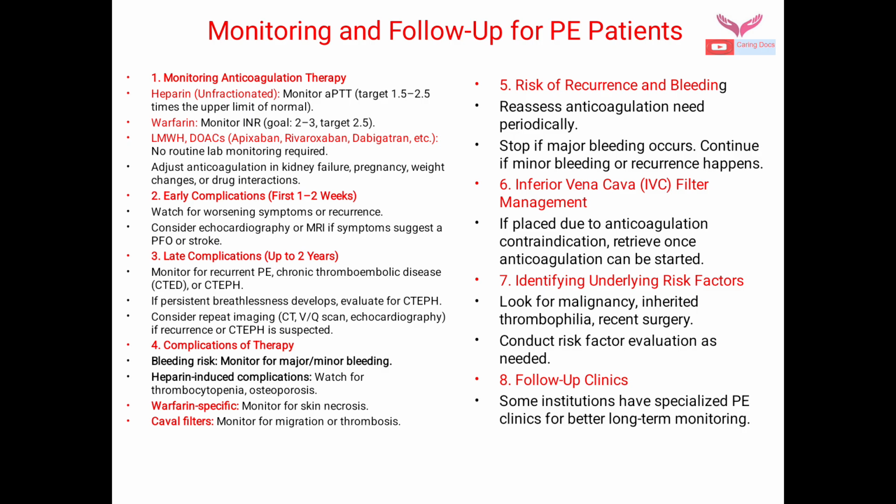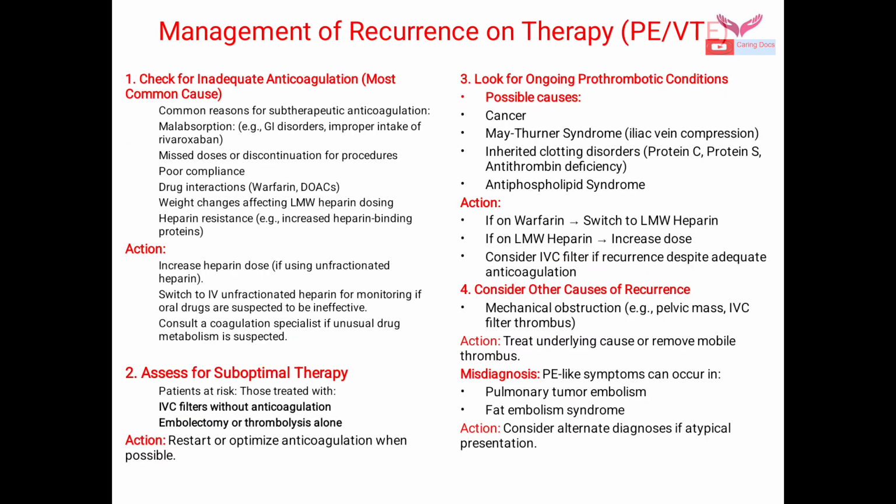Identifying underlying risk factors, we should look for malignancy, inherited thrombophilias, recent surgery, and conduct risk factor evaluation as needed, and follow-up clinics. Some institutions have specialized pulmonary embolism clinics for better long-term monitoring. Management of recurrence on therapy: we should check for inadequate anticoagulation. It is the most common cause.